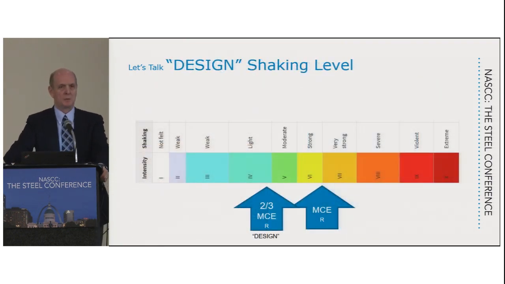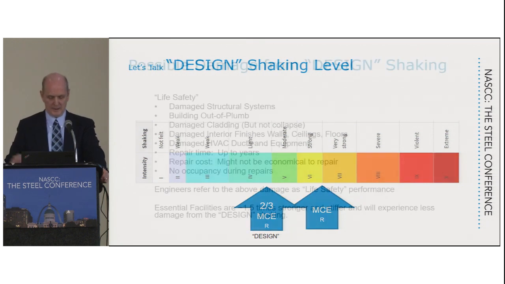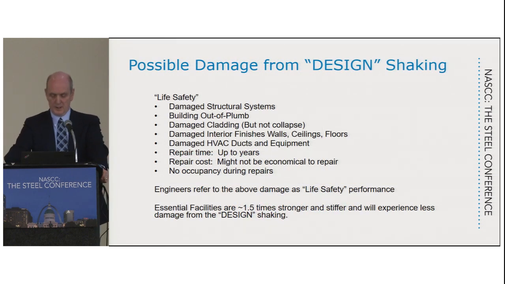So what if we experience a shaking intensity that's about 2/3 of what that MCER shaking intensity is? How do we expect buildings to perform at this lower level of shaking? Well, let's look at that. So here's some of the damage that could happen. It could experience costly damage, both structural and architectural.